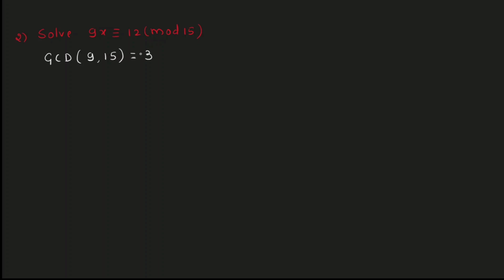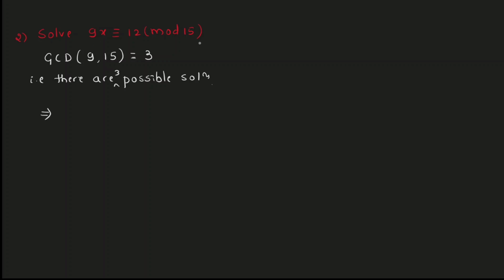Now, what does it mean? It means there are how many possible solutions? 3 possible solutions for x. So now the congruence is equivalent to, what is the next step?